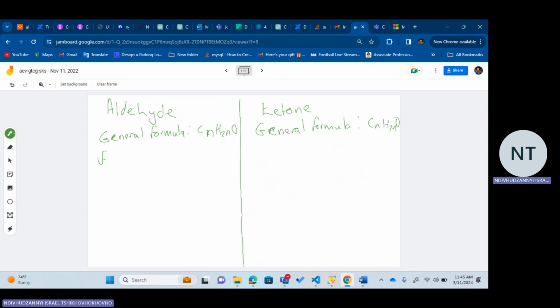Then what's the functional group this side? So the functional group here is formyl. Then the functional group this side is carbonyl group. Then the suffix, it's al. Then the suffix this side is one.